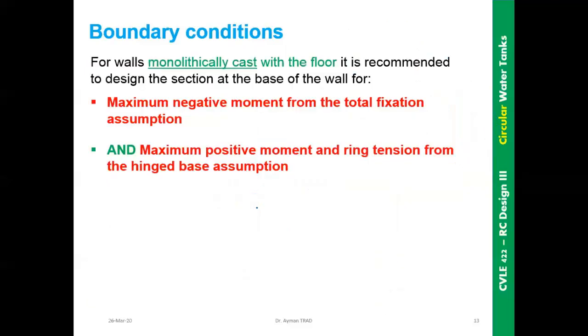So اللي قلناه هون إذا إجا قالنا بشكل بسيط إنه the walls are monolithically close with the floor، صبوا مع بعض. كيف نصبوا؟ هل الحديد كان هو continuous or not؟ So we are unsure about the execution. Then we'll investigate the two assumptions. We'll take the maximum negative moment from the total fixation assumption.